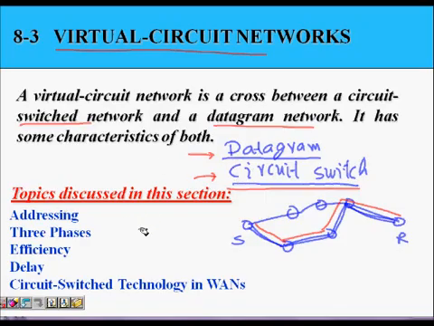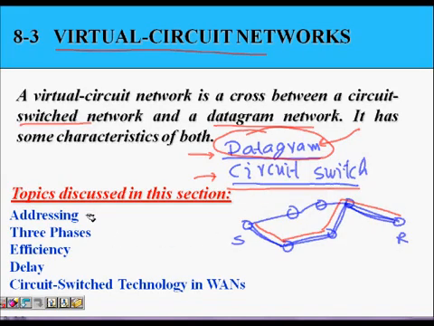Here it is based on the datagram network, so you will have packets flowing from source to destination, but unlike the datagram network, they will be following the same path.